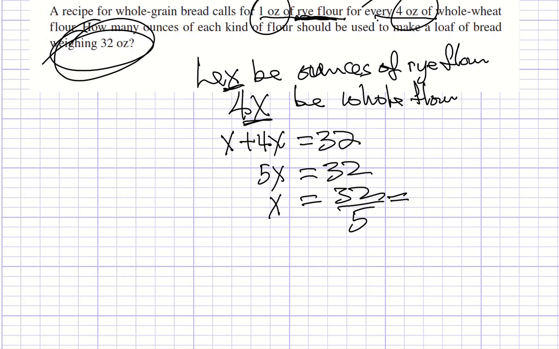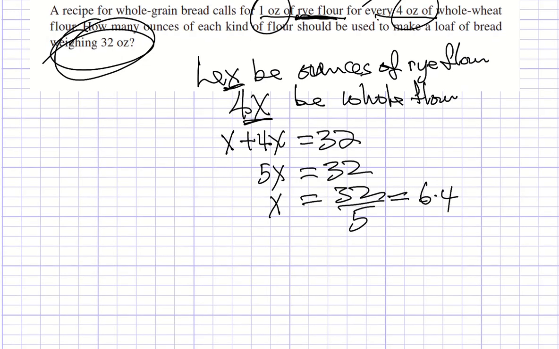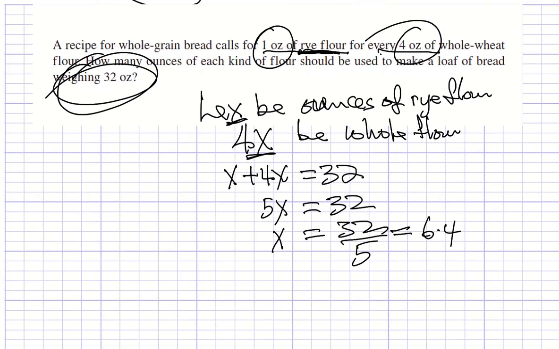Anyway, let's do it this way. If you divide 32 by 5, what do you get? Actually, it's okay, 6.4, okay? Because you see, there's no decimal given here. I don't know why we should work with decimals when there's no decimal given. It's okay, man.